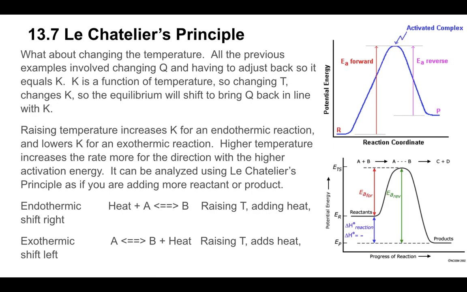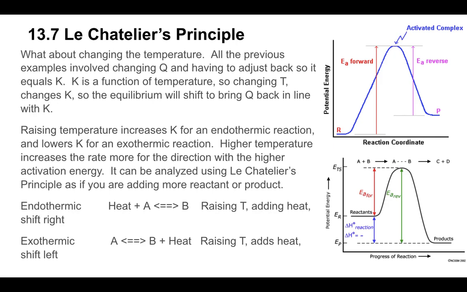So if heat's a reactant and you raise the temperature by adding heat, you add a reactant, which causes you to shift to the right. Raising the temperature of an exothermic reaction is adding heat to the right side of the equation, which shifts you to the left.